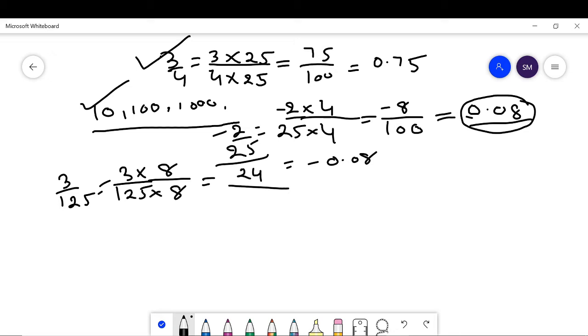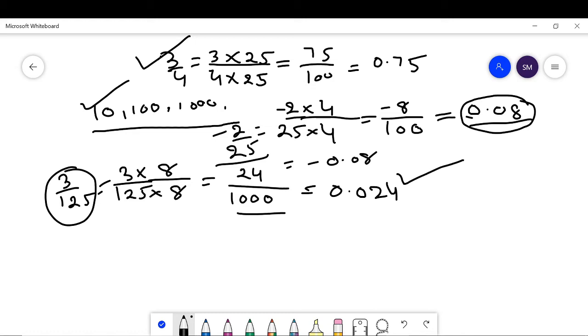Then this is 24 upon 1000. In 1000, how many zeros are there? 3 zeros. Then we need 3 digits after the decimal, but here there are only 2 digits. To make it 3, we must put a 0. Then we get 0.024. The decimal representation of 3 upon 125 is 0.024.